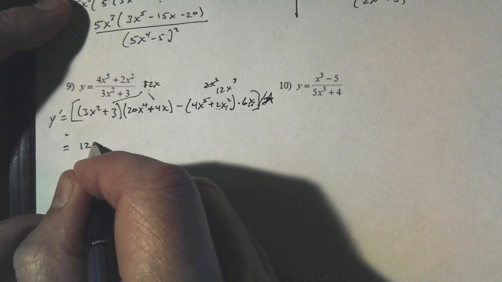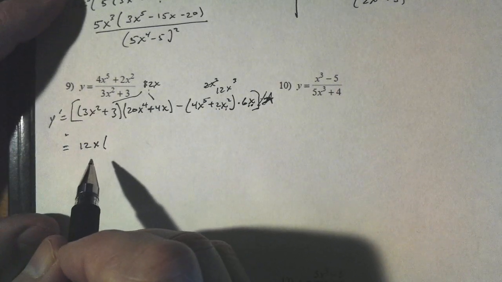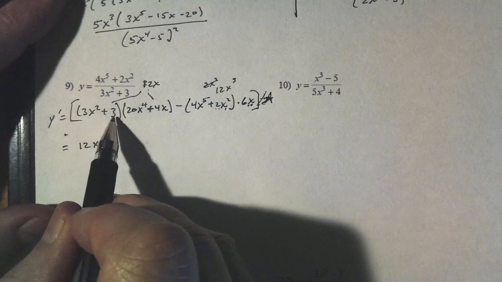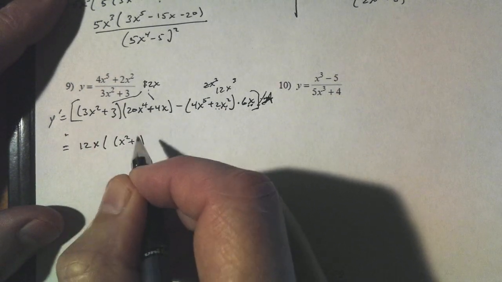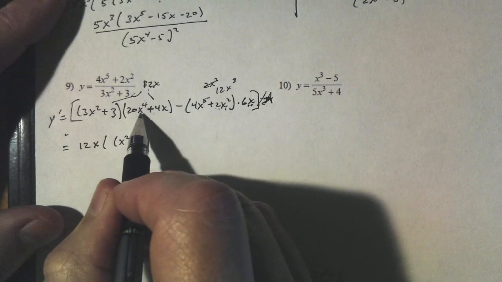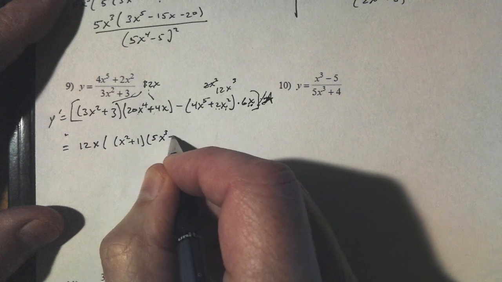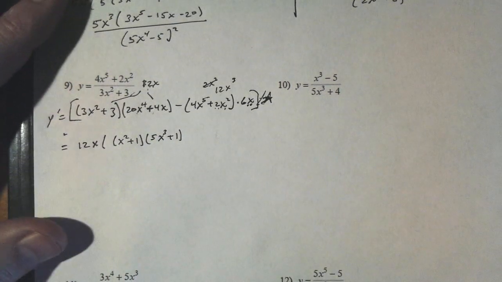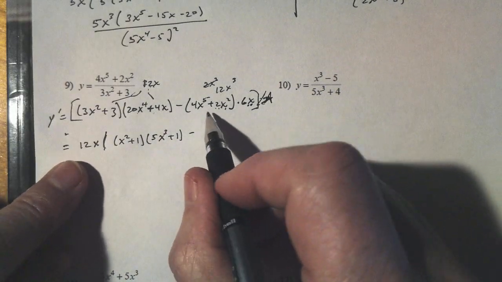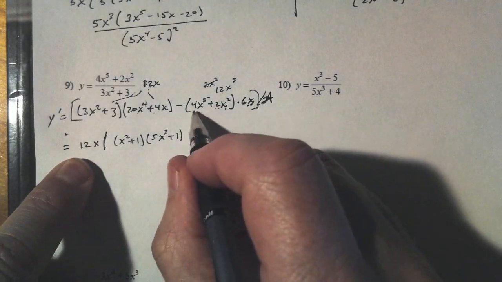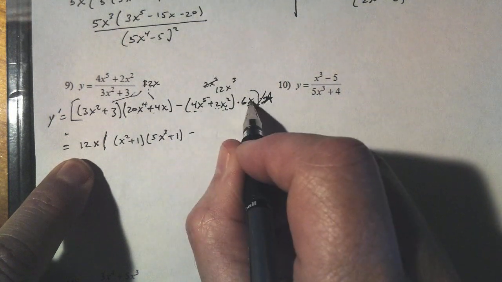So here we go, 12x. Let's see, I took a 3 from here, x squared plus 1. I must have taken 4x from here. 4x from here leaves me 5x to the third plus 1. Minus 12x, I took 2 and an x from here. Or 2 from here and an x from there.